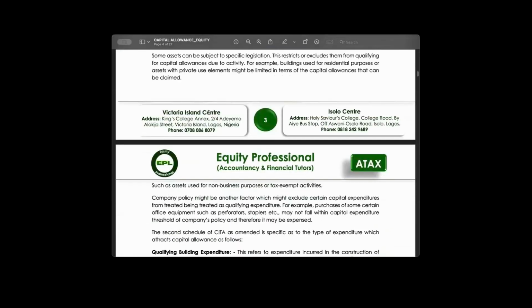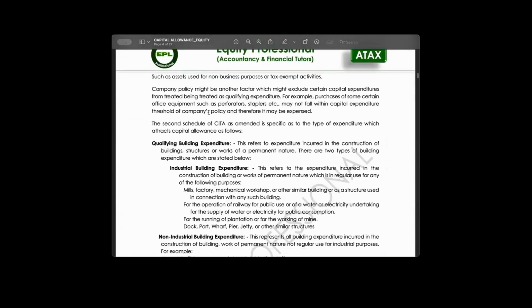And we have various types of capital expenditure.